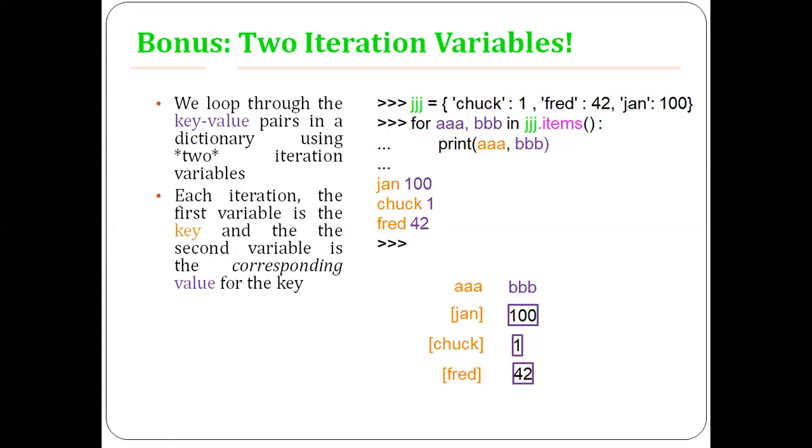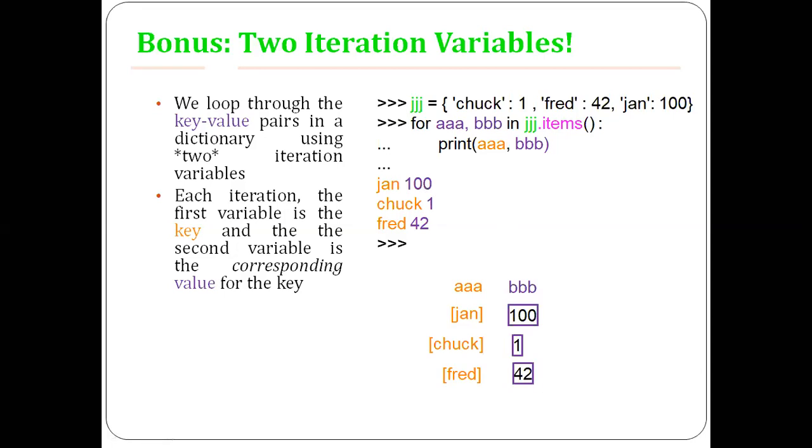This is how you can make use of the multiple, or two, iteration variables so that you can traverse the dictionary one after the other, and your output looks something like this. aaa, bbb: for the first, aaa is Jan and bbb is 100; then Chuck, where aaa is the key and bbb contains 1; and for the third iteration aaa contains the key and bbb contains 42. This is how you can make use of the two iteration variables.